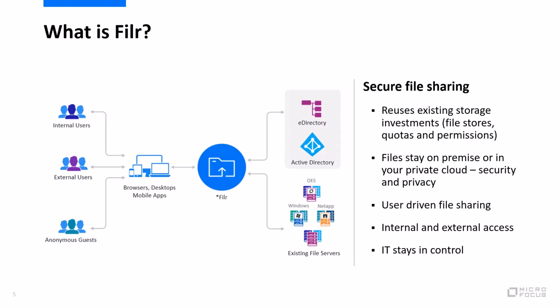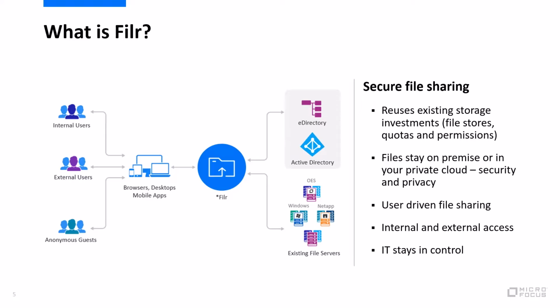And that can expose existing storage that you've got in OES servers, maybe Windows, network attached storage, and your internal users can authenticate against an LDAP directory, eDirectory, or Active Directory typically. We can also have users within the Filr environment itself that don't actually exist in your directory should you wish.